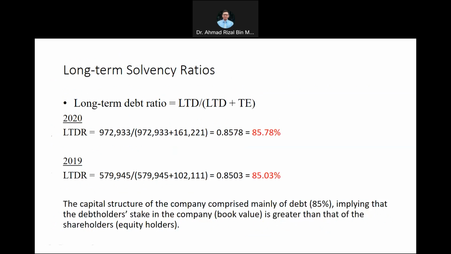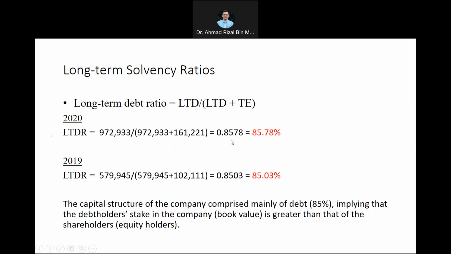Now, if you look at the long-term debt ratio, this is what I meant earlier. When you analyze the long-term debt ratio, the long-term debt is divided by a denominator of long-term debt plus total equity. Okay? Notice that you omit the short-term liabilities here for the denominator. It is just the long-term debt plus total equity.